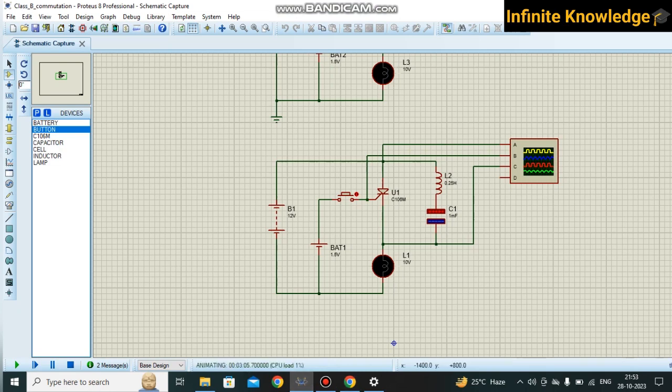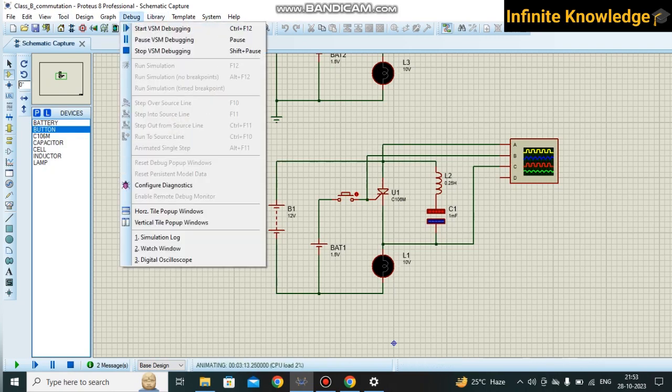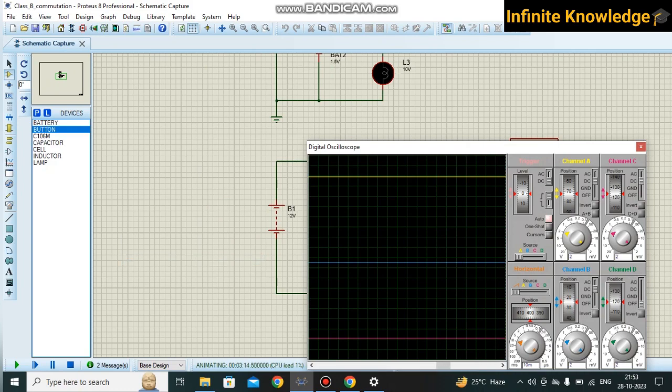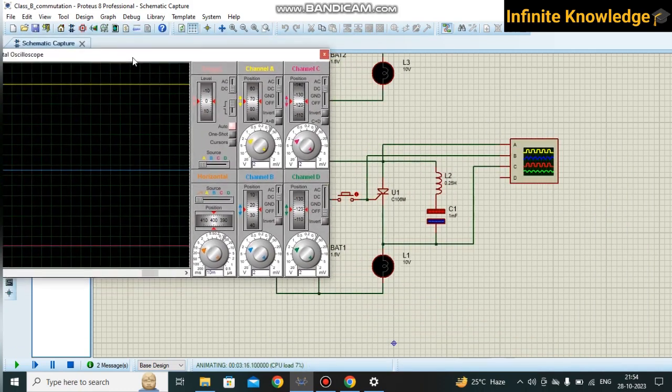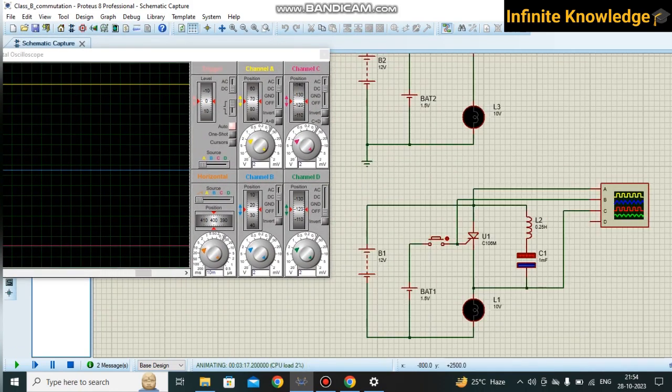So whenever I press the switch, meaning the gate pulse is given, after a particular time the thyristor gets turned off by this class B commutation technique.